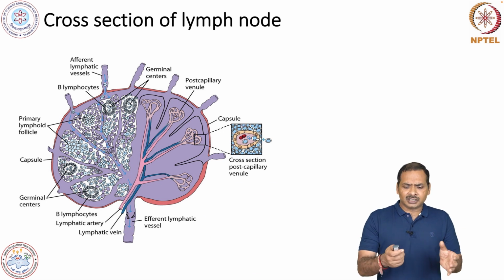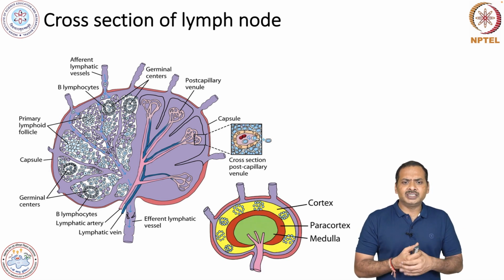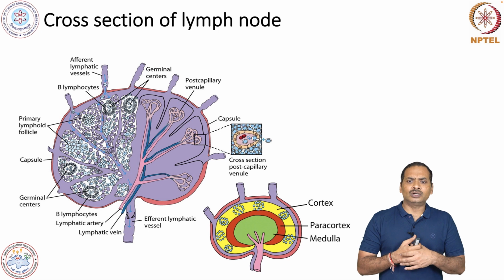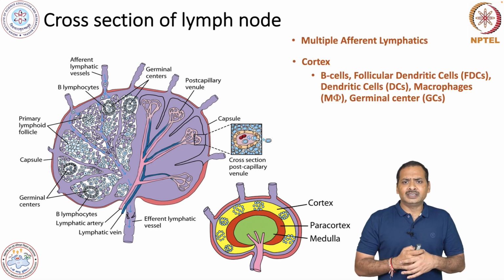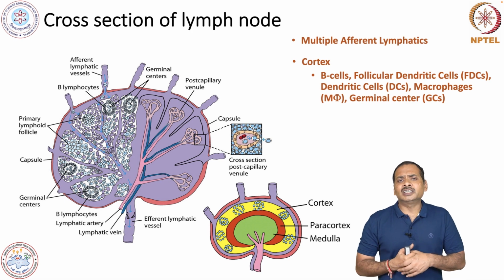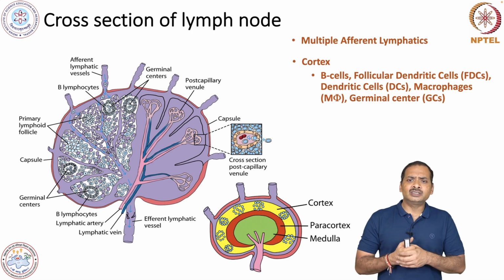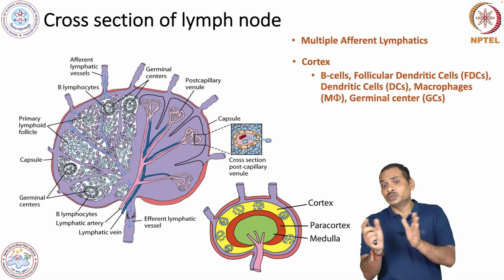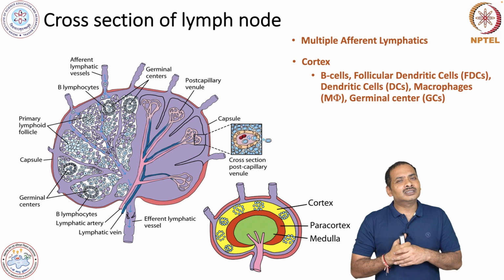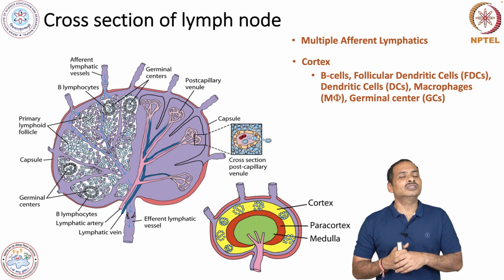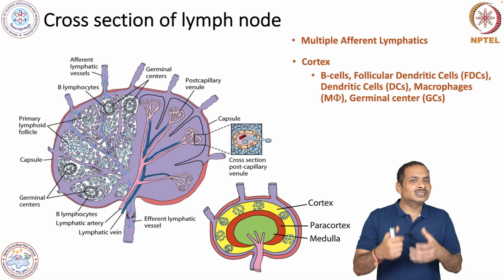Again, I will explain each region, the cortex, paracortex and medulla, and their cellular composition. The cortex is rich in B lymphocytes, follicular dendritic cells and dendritic cells. These are two different kinds of dendritic cells, please note. Follicular dendritic cells play a very important role in B cell development.